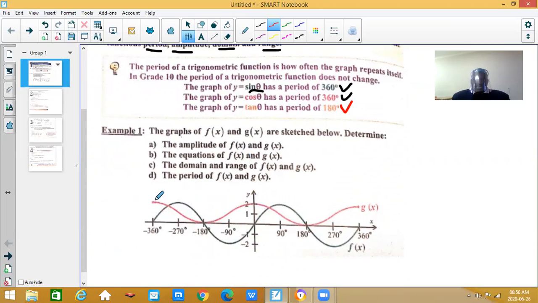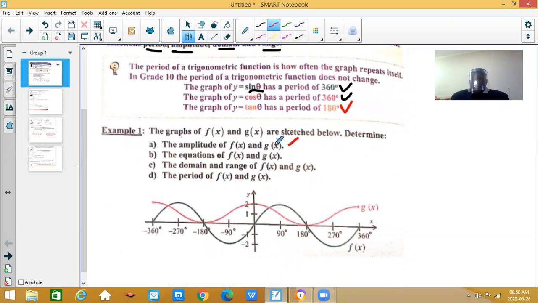And g(x) is this one which is sketched using a purple color. They are saying the graphs of f(x) and g(x) are sketched below. Determine first the amplitude of f(x) and g(x).